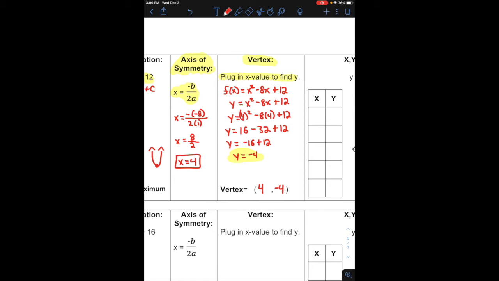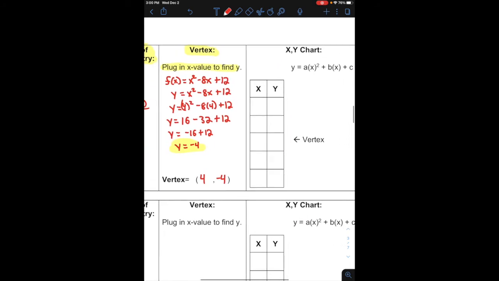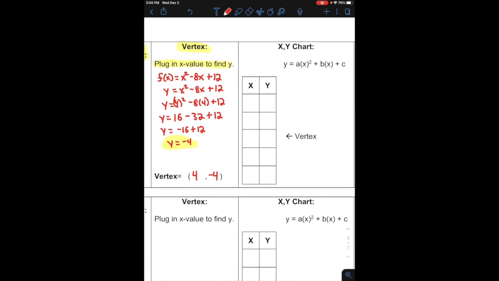Now that I know the vertex, which is the point essentially in the center of the parabola, either the maximum or minimum point, what I'm going to do is use that vertex to now make a table of values. Since the vertex is in the center of the parabola, we're going to put the vertex in the center of our table, which will now help us find the left and the right side of that U shape.